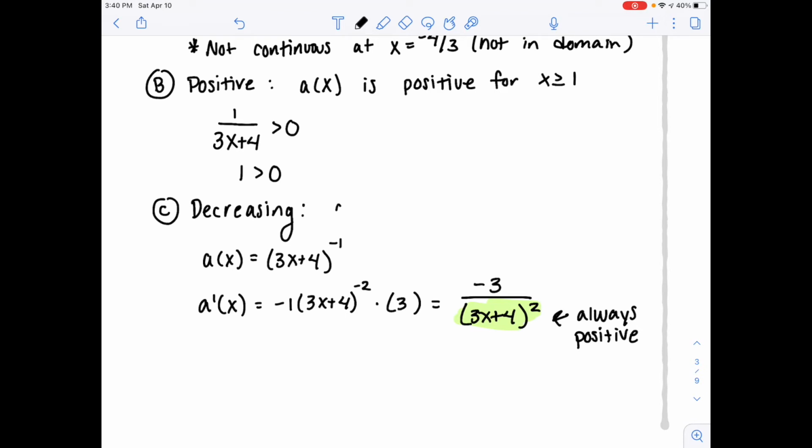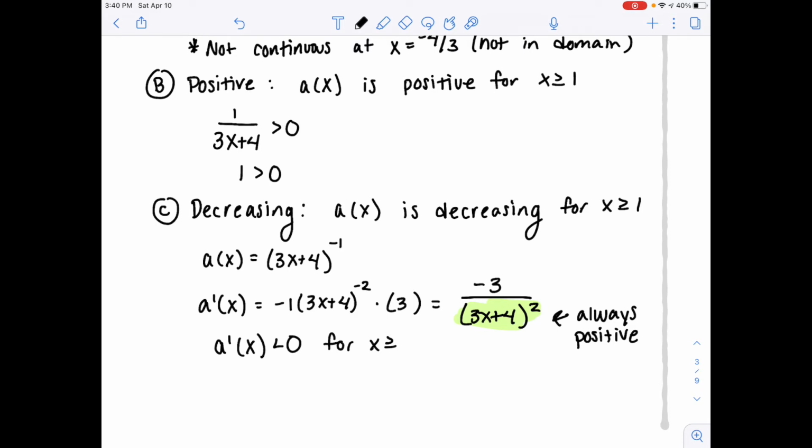So that means that a of x is decreasing on its domain of x greater than or equal to 1. This tells us it's always going to be less than 0 for x greater than or equal to 1. Since the derivative is always negative, we know that it's decreasing.